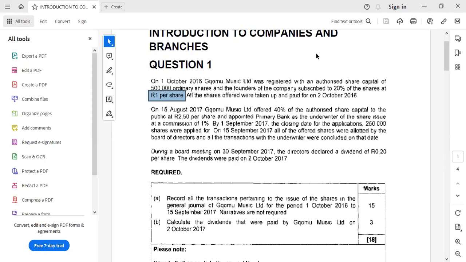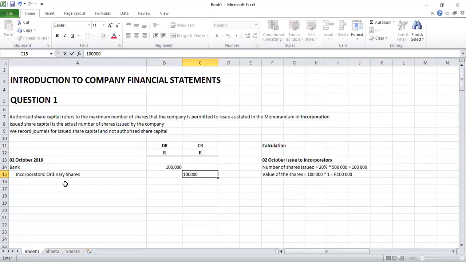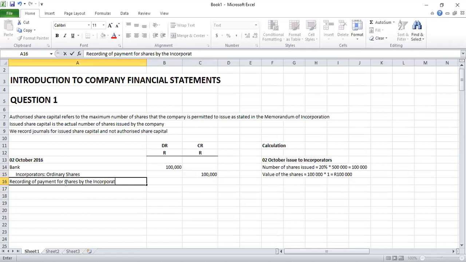Right. So here this will be recording the payment for shares by the incorporators. My friends, when they say that narrations are not required, they mean this description here in this question, it was not required, but I'm just showing you.